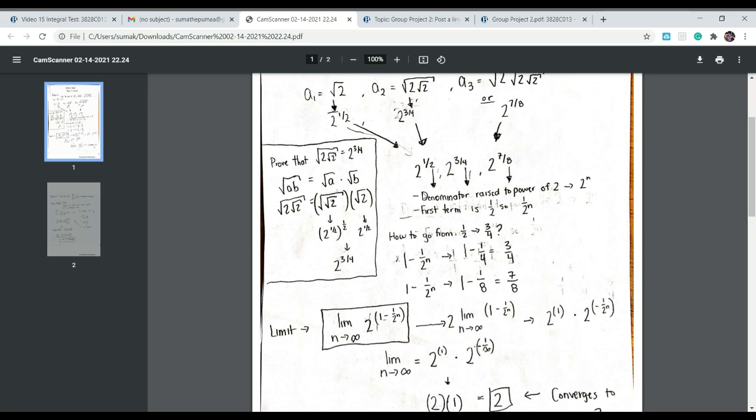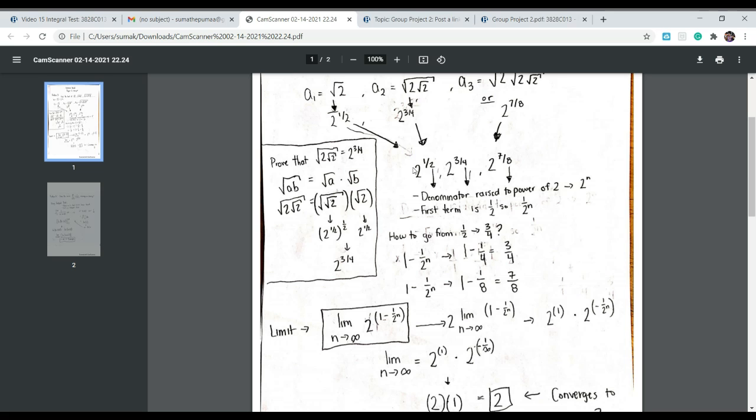While I'm looking at these terms, I can see that the denominators of the exponents, not the 2, just the denominators of the exponents, are powers of 2. So 2 to the power of 1 is 2, 2 to the power of 2 is 4, 2 to the power of 3 is 8. The first term's exponent is 1/2. One of the ways you can write this is, the 2 is constant, that's why I'm avoiding it right now.